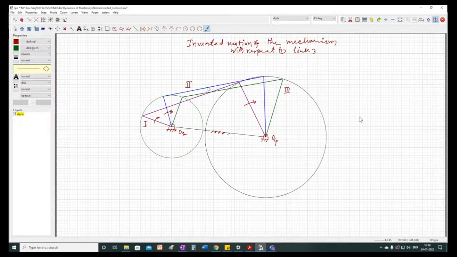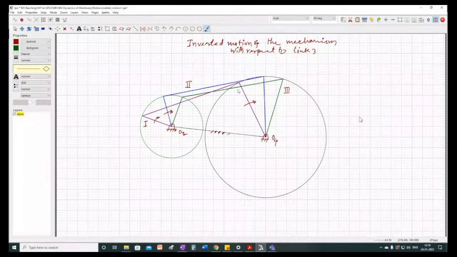If we want this coupler fixed and get the same rotation in link 2, we will copy this second configuration and paste it on the first configuration, so that the link 3 position exactly matches position 1. Similarly for the third position, we will copy this mechanism and paste it on position 1, so that the link 3 position exactly matches.